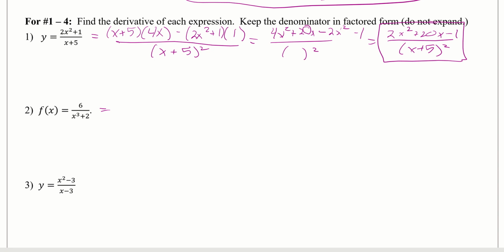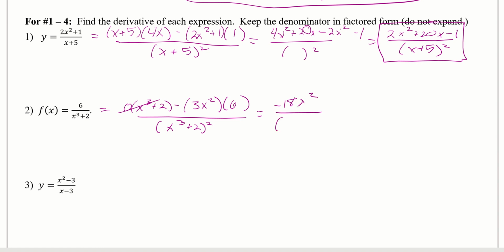But what I always do is I'll do the derivative of the top, so in this case 0 times the bottom, minus the derivative of the bottom times the top, all over the bottom squared. Cool. And so the nice part is that first part goes away thanks to the 0. Our second one we simplify out, and that would be negative 18x squared over x cubed plus 2x squared.